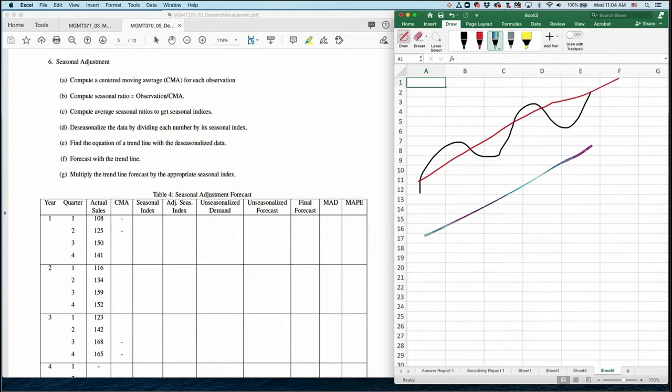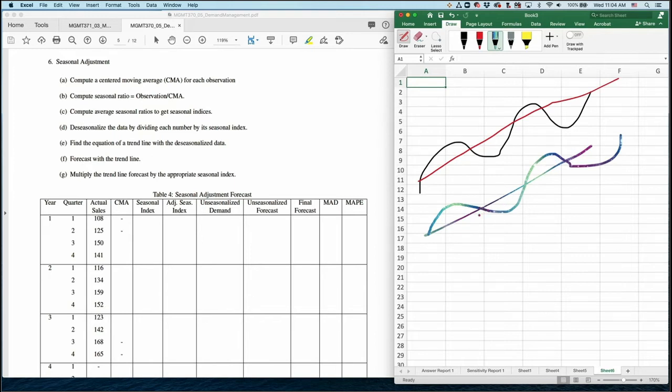If we have an up period and we multiply our seasonal index, then our final forecast looks like this, up. And later on we have a down period, then we have down, and so on, like this. So the line is our linear trend, and if we multiply the seasonal factor, then that is our final forecast.